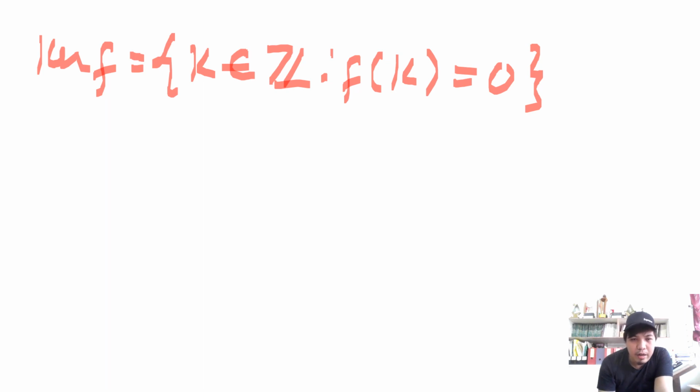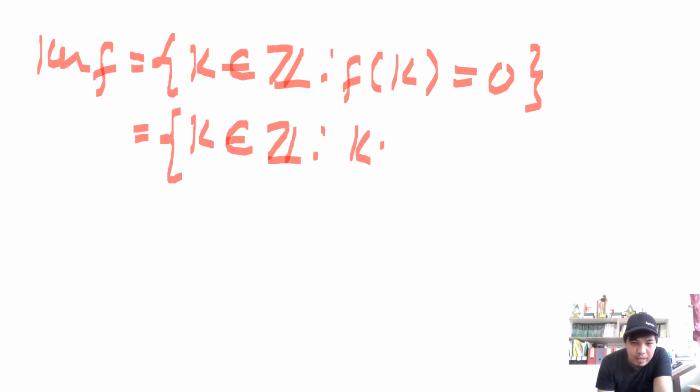Using the definition of f, we can rewrite this as the set of all k in Z such that f of k, which by definition is k times 1 sub r, equals 0.